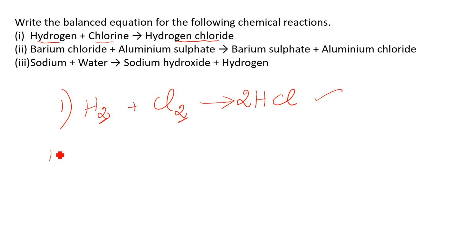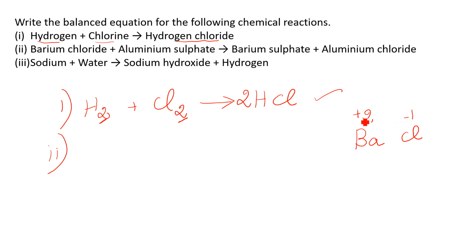We'll move on to the next one, barium chloride. Now, how do you write the formula for barium chloride? Barium has the symbol Ba with the charge or with the valency 2. Chloride is Cl minus 1. Okay, barium is the metal. Metals will always have positive charge, and barium has the valency 2, or it has the charge plus 2.